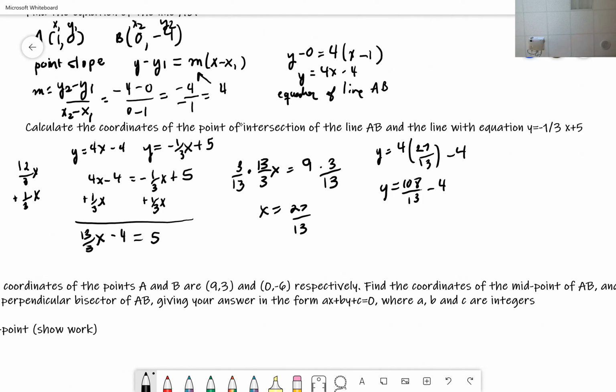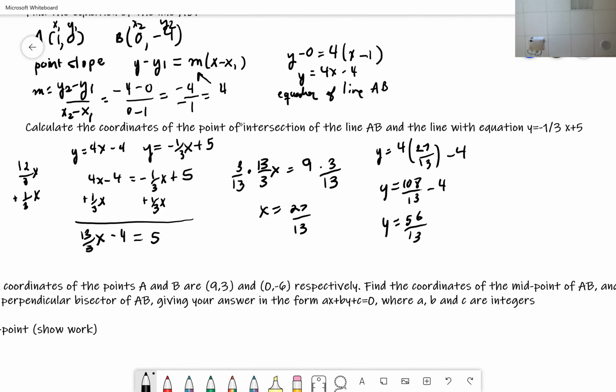Let me grab my calculator. It's just really ugly number. So you get 108 divided by 13 minus 4. So that's 56 over 13.